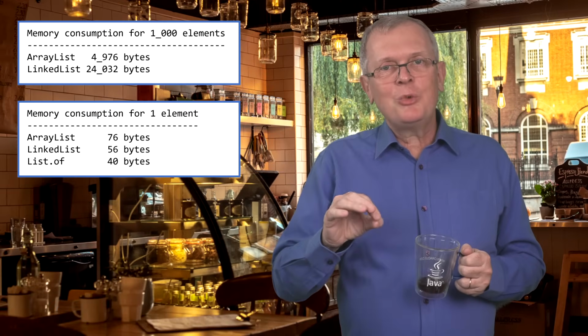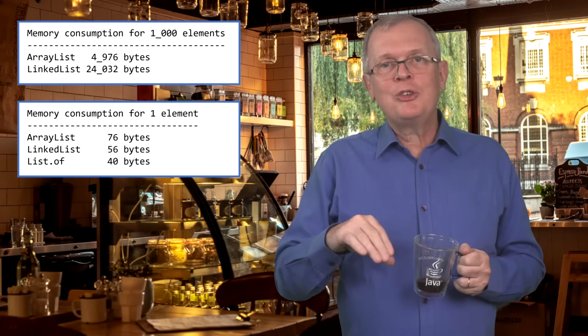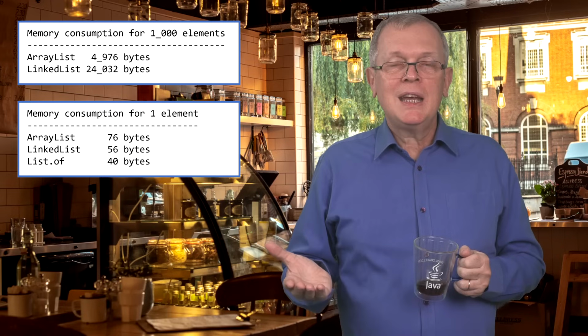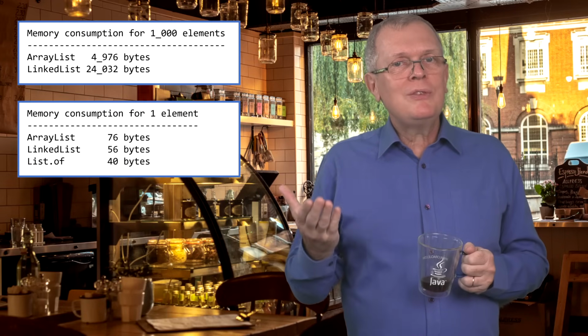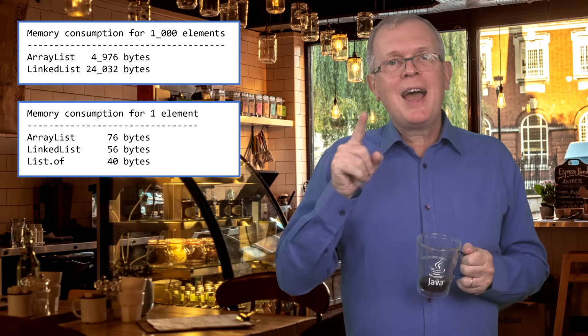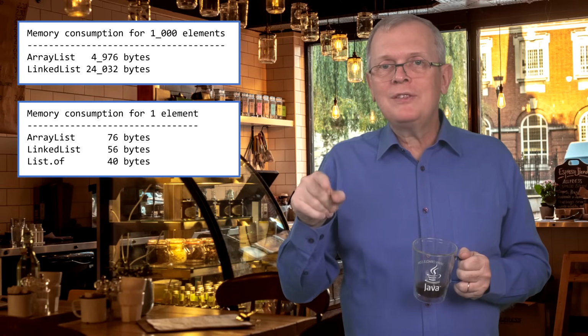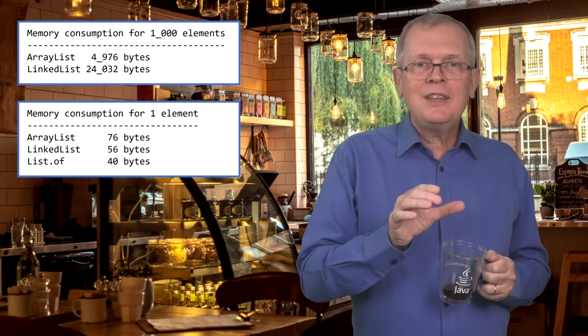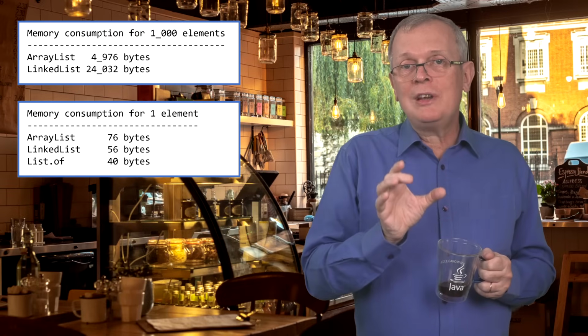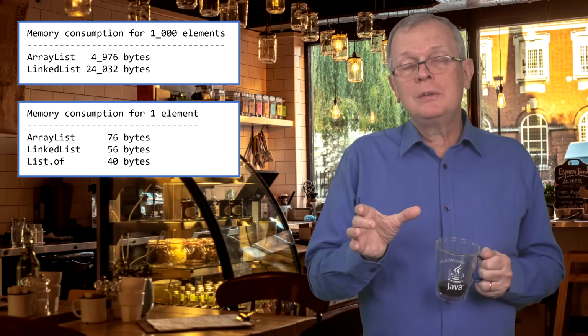Let me put it the other way. If you have an application that creates many array lists and you come across unexpected memory issues, then you should investigate more precisely how many objects your array lists are holding. It could be that you are actually creating almost empty array lists that eat up too much memory.